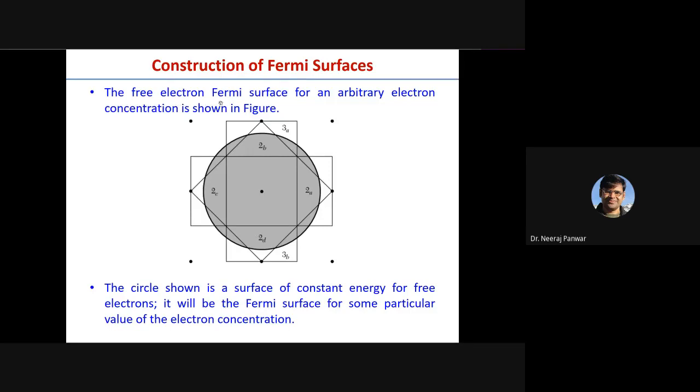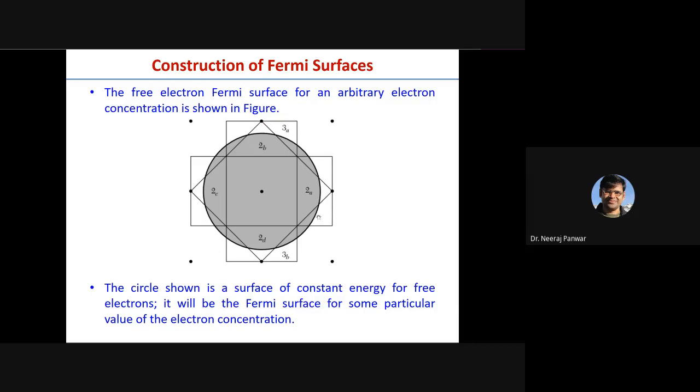The free electron Fermi surface means the electron is free, and for the time being we are assuming that there is no underlying periodic lattice potential, only the electrons are free. And when the electrons are free, their Fermi surface is represented by a sphere in three-dimensional case, or by a circle in two-dimensional.